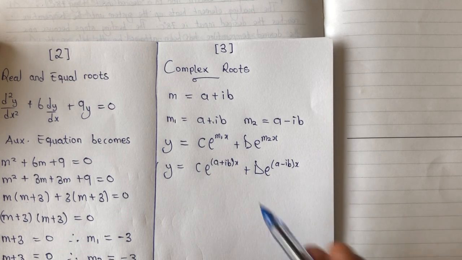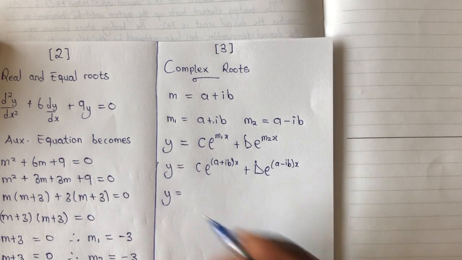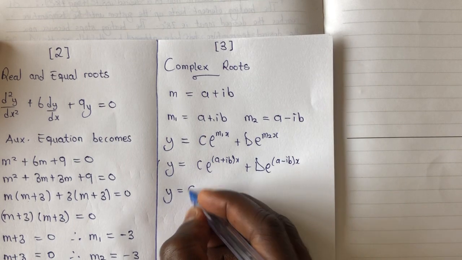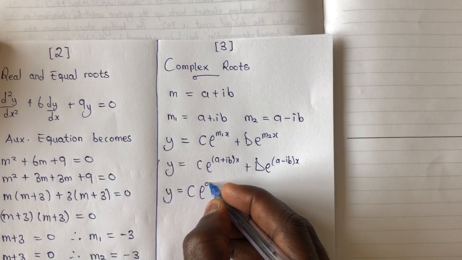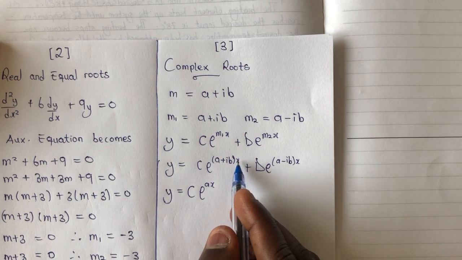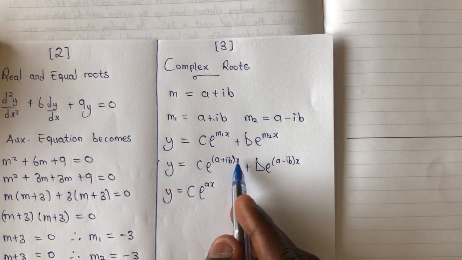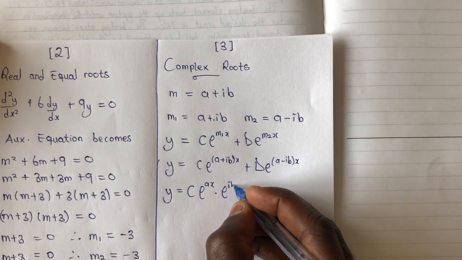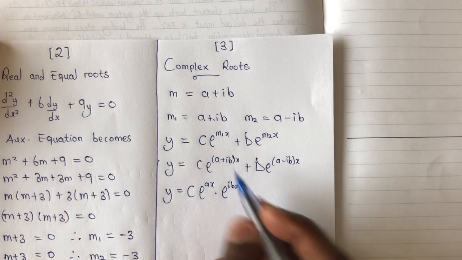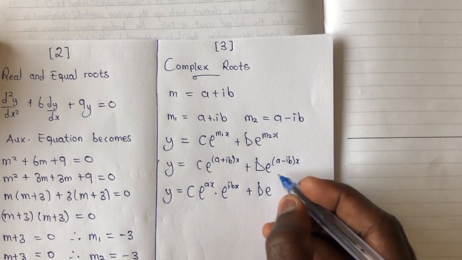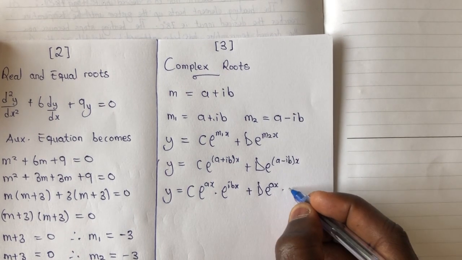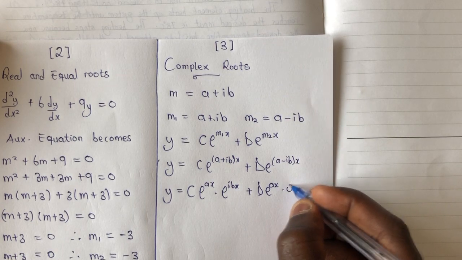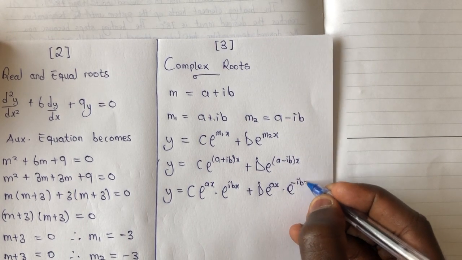So now let's rewrite this form. We will have y equals c e raised to the power ax. Don't forget the x is multiplying everything. x multiplies a, x multiplies ib, times e raised to the power ibx. This is what this side means. Plus d e raised to the power ax times e raised to the power minus ibx.